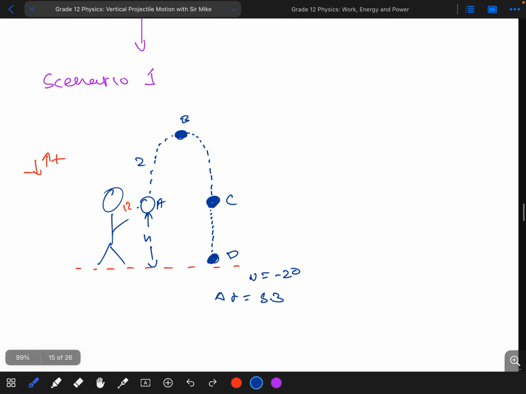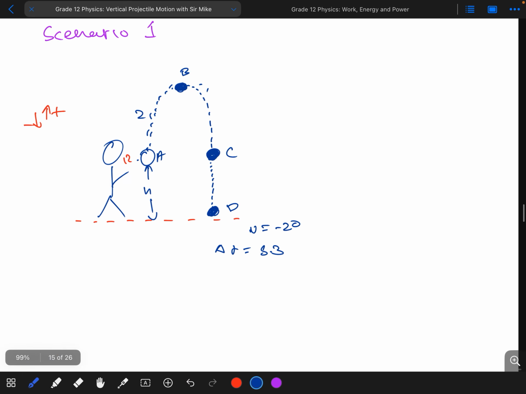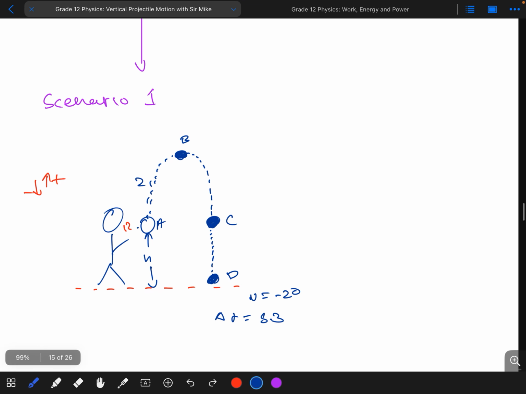So at any given point, x would represent time, and y would represent the velocity of the object. At point A, time would be 0, so my x is 0, and my y would simply be 12.